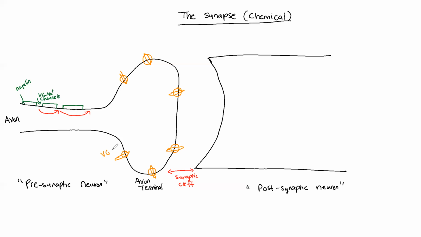So this is a voltage-gated calcium channel. The next thing that happens is when the action potential gets to the voltage-gated calcium channels, it's going to depolarize them and they are going to open up. When they open up, they're going to allow calcium to come rushing into the axon terminal. We didn't speak much about the equilibrium potential of calcium, but calcium has one such that when you open up those channels, it rushes into the cell.